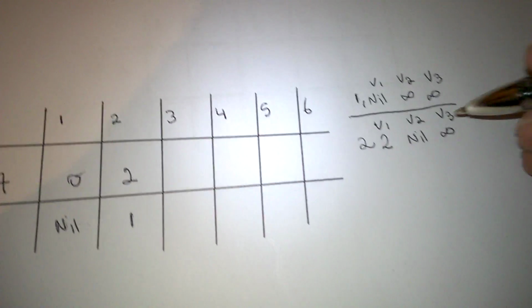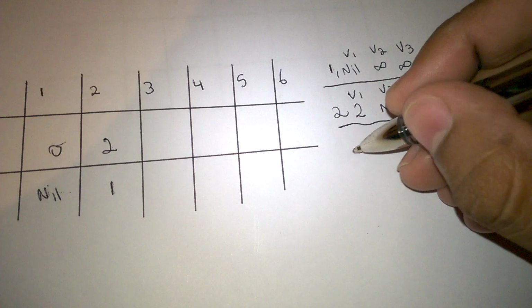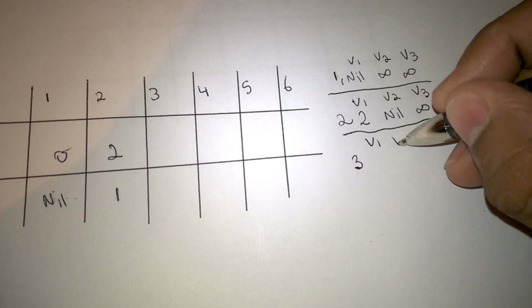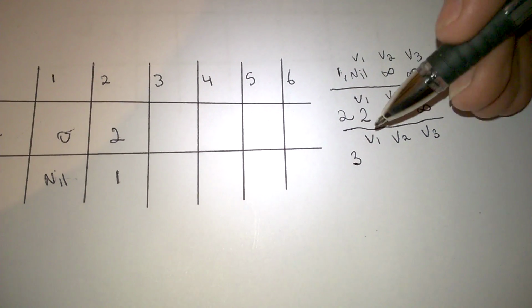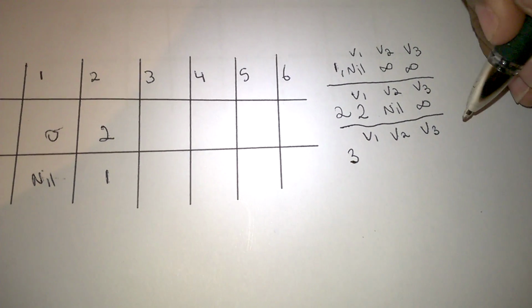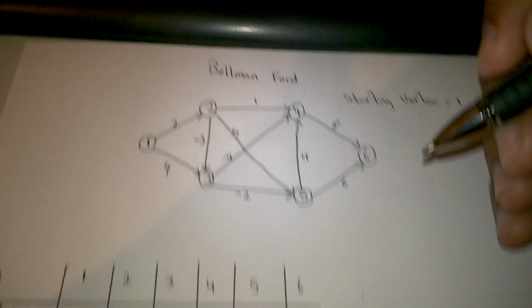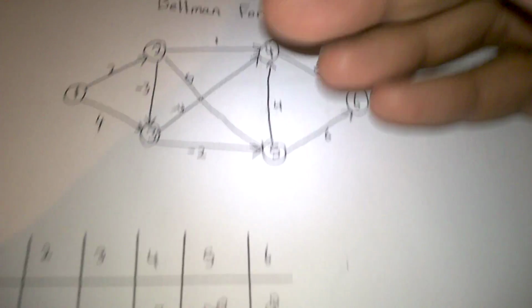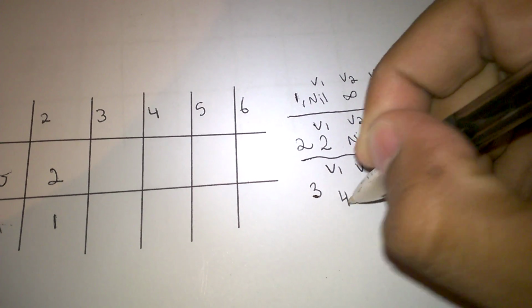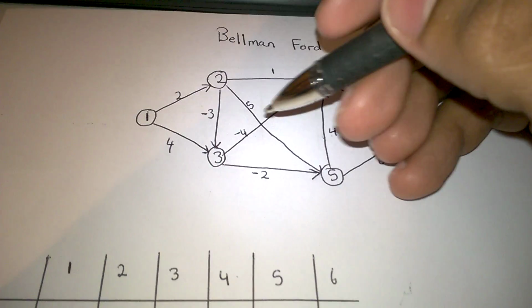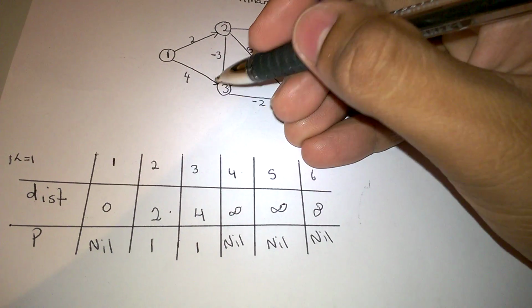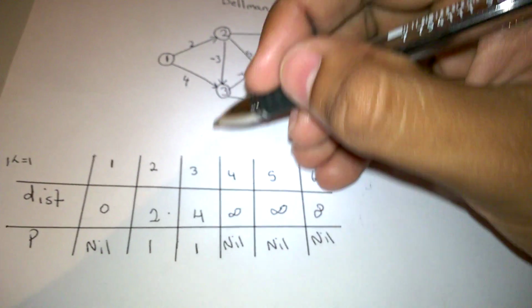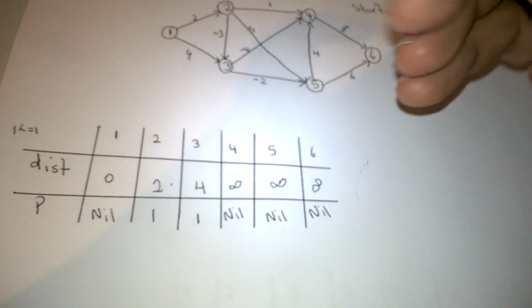So now we go to 3. We have v1, v2, and v3 again. We're going to see what is the cheapest to reach v3 from these 3 vertices. To reach 3 from v1 costs 4. To reach 3 from v2 will cost -3 plus what is the value of 2 here, which is 2, which will give you -3 plus 2, negative 1.